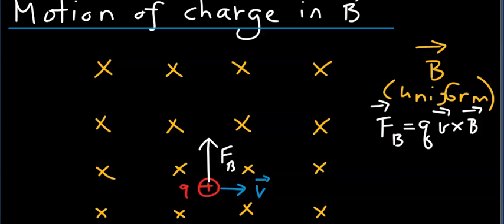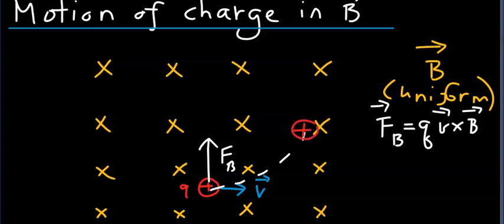Note, this positive charge already has an initial drift to the right, as represented by this velocity vector, and this velocity has a constant magnitude, so the speed is constant. Under the influence of the upward force, this charge will gradually go up like that, and it will end up there for the moment.